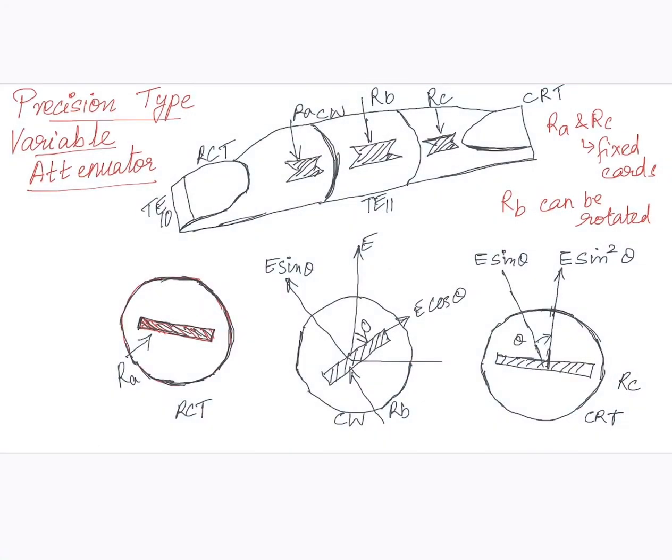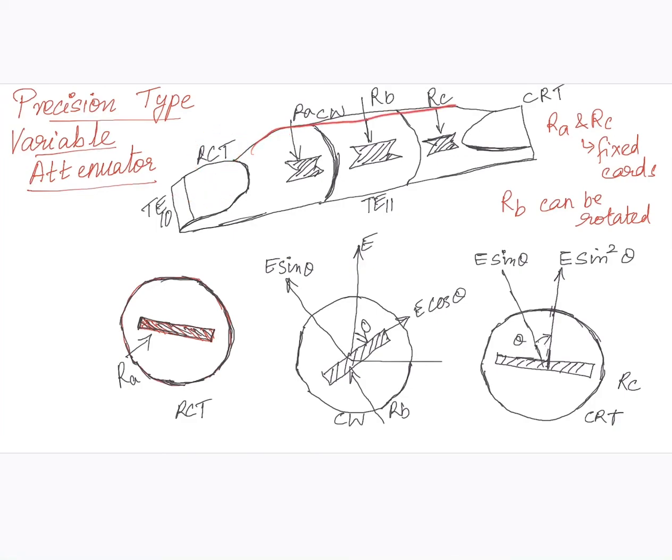Another method of reducing the power is by using a precision type variable attenuator. So a precision type variable attenuator consists of mainly three parts. That is, first part is a rectangular waveguide. So here you have a rectangular to circular transition which is denoted as RCT.